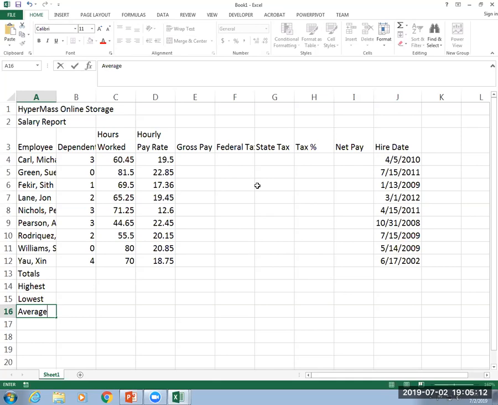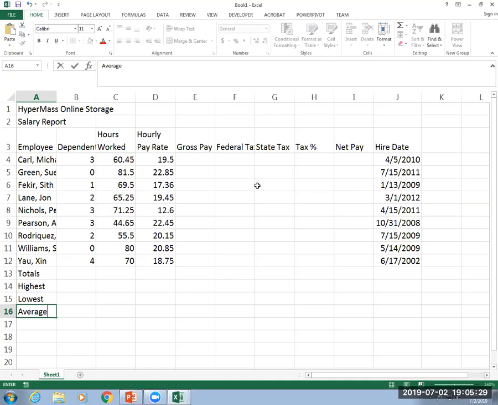But anytime that we want Excel to do a calculation for us, we need to start that with the equal sign. The equal sign is the way that we tell Excel that we are going to be putting in some sort of formula, some sort of calculation.